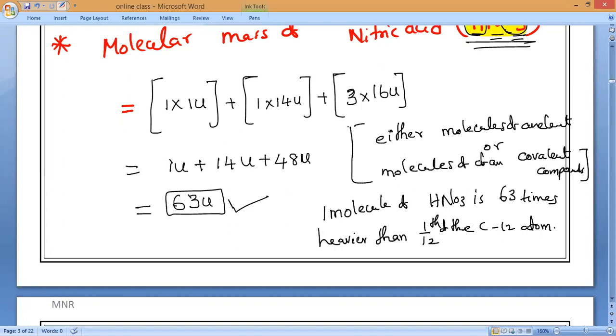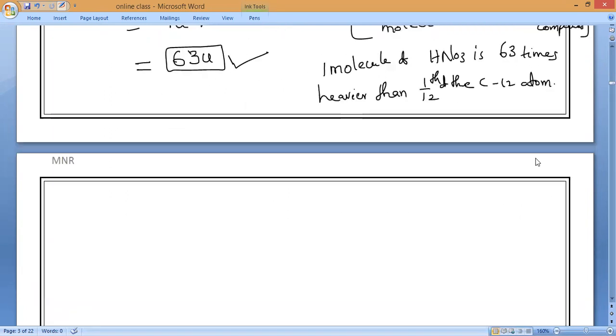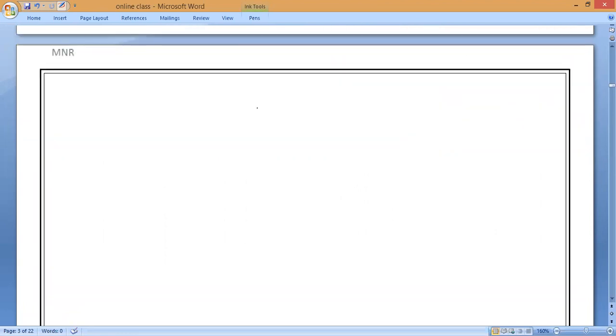Whenever I say molecular mass, it is indicating either molecules of an element or molecules of covalent compounds. Now, if it comes to ionic compounds, we should not use the word molecular mass. Do you understand, everybody?